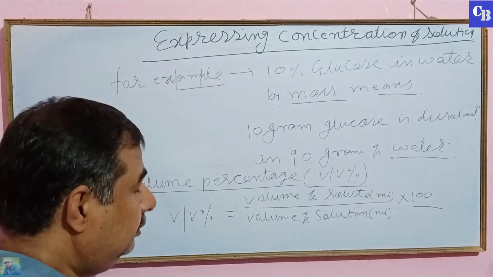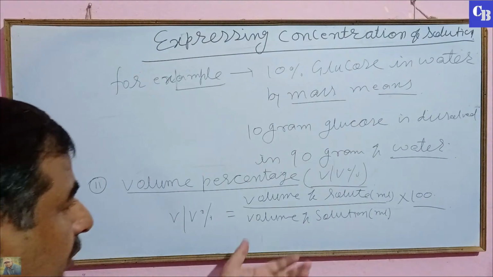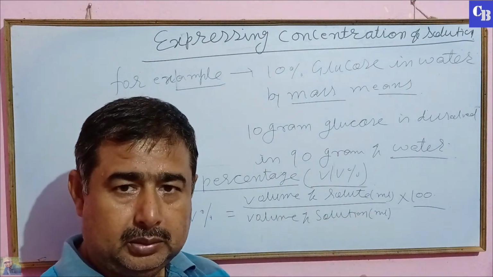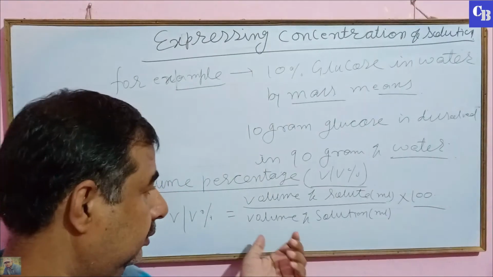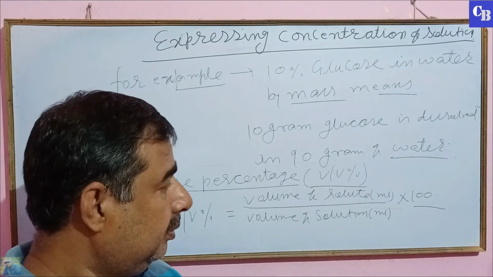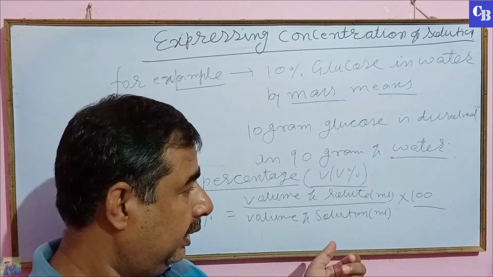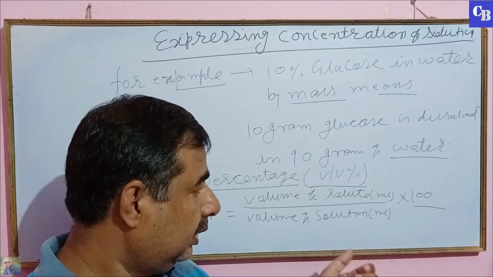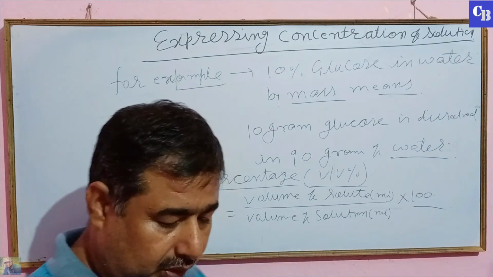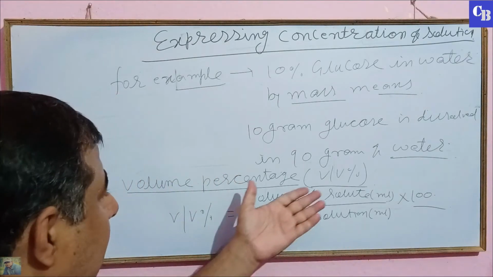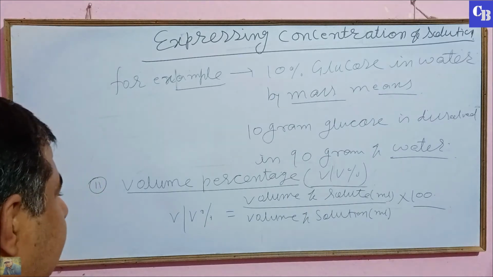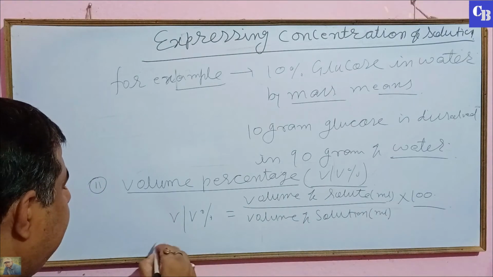It means volume of solute present in per 100 milliliter of the solution is called V by V percentage.